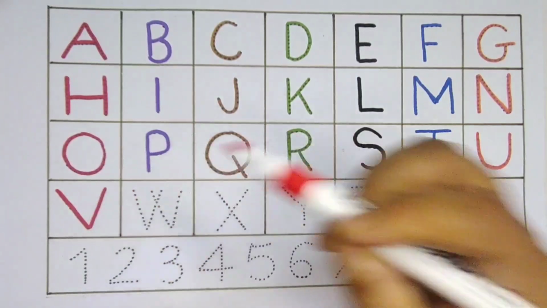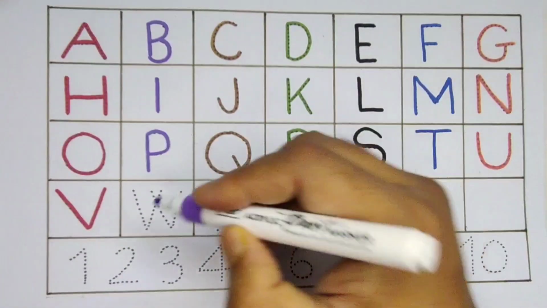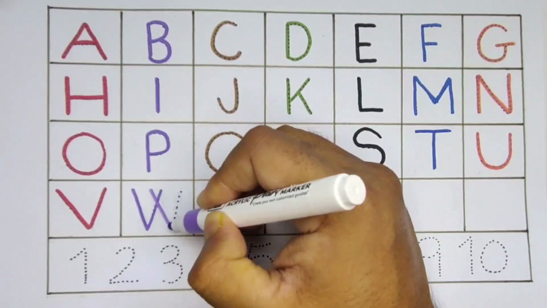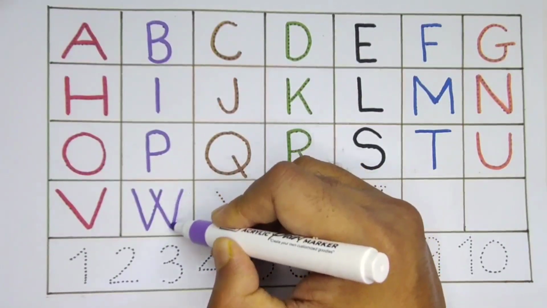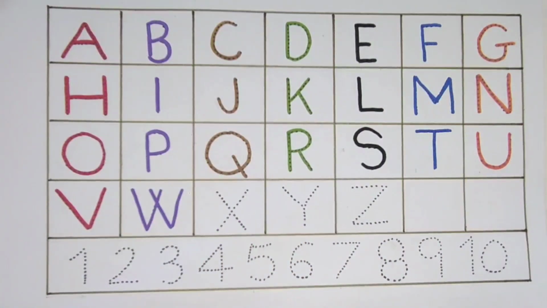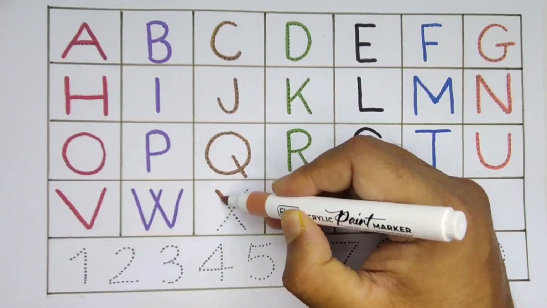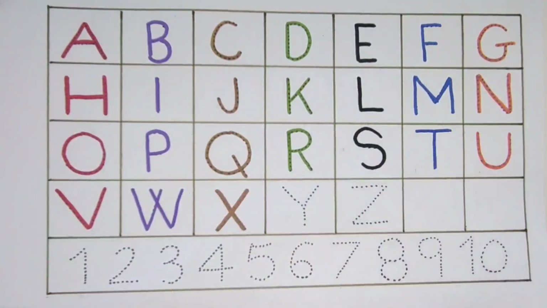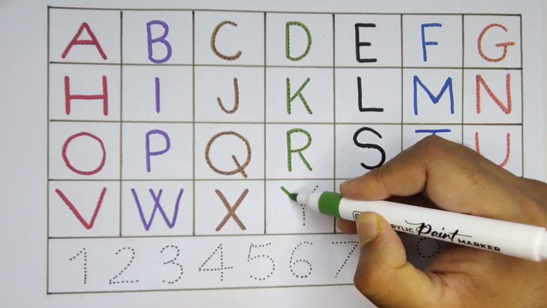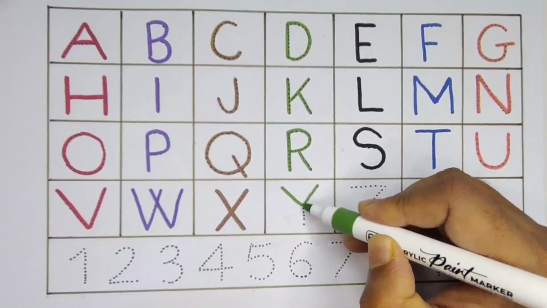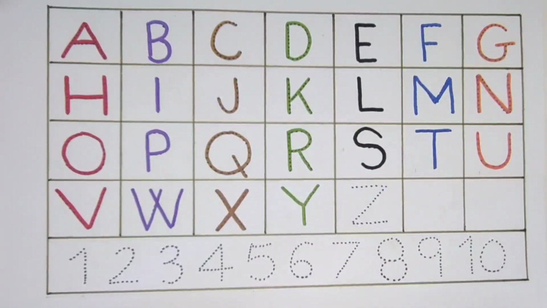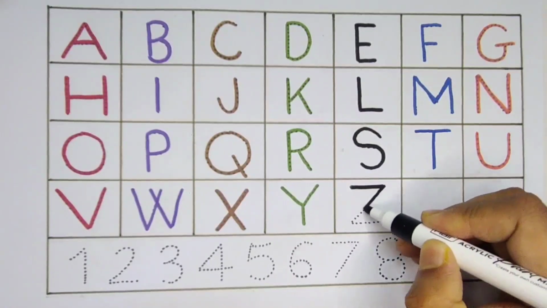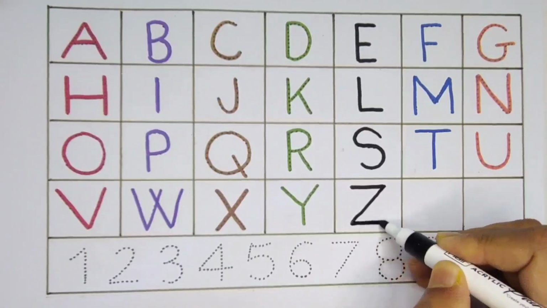V for violin. W for watch. X for X-ray. Y for York. Z for zebra.